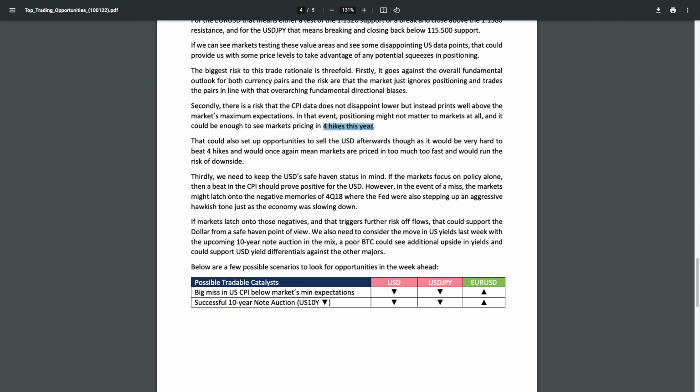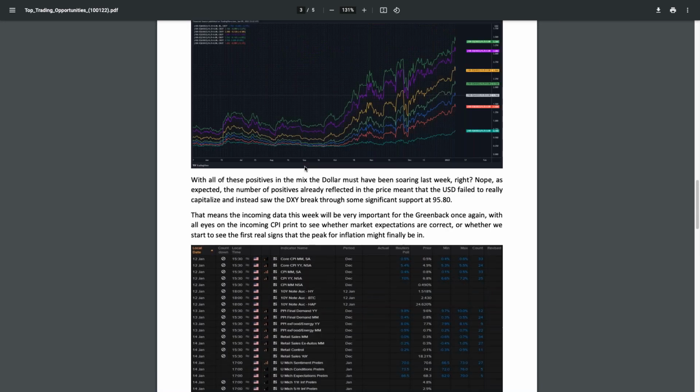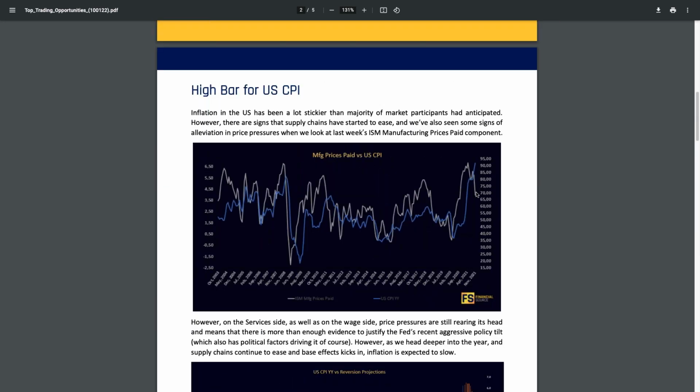Is 4 hikes really realistic? Even if inflation is a bit higher, markets are still expecting inflation to keep going up. Like we started to see last week a bit of inflation pressure dropping because we saw manufacturing prices paid just falling. Okay, so we saw US CPI data. We saw the prices paid just moving lower.